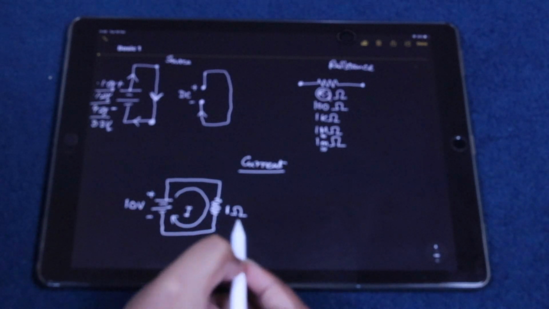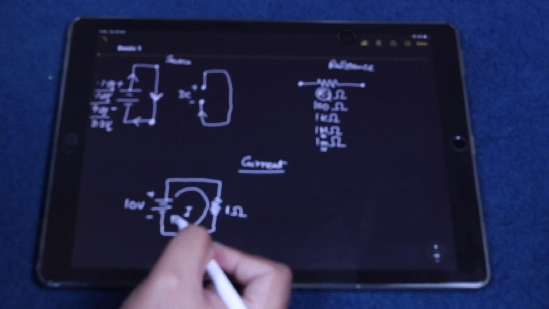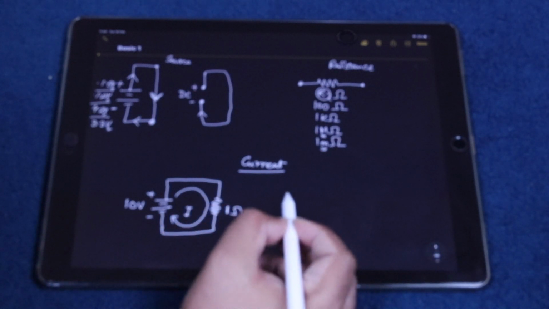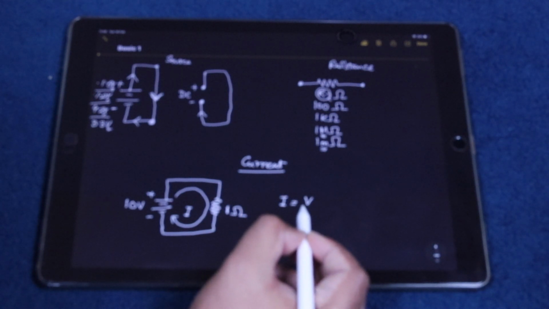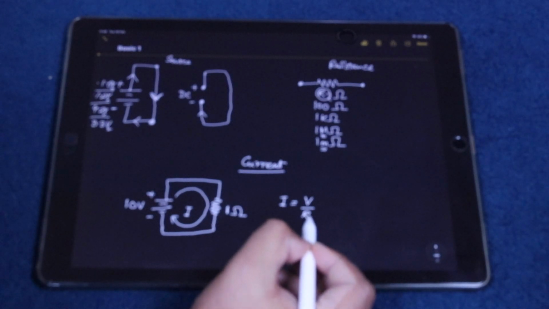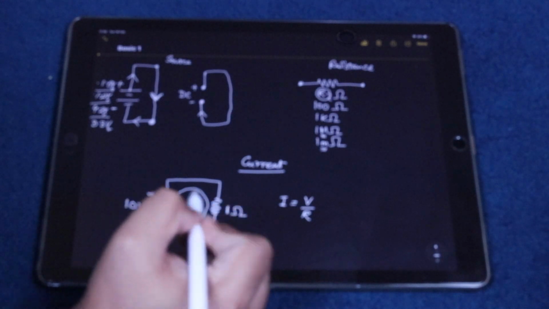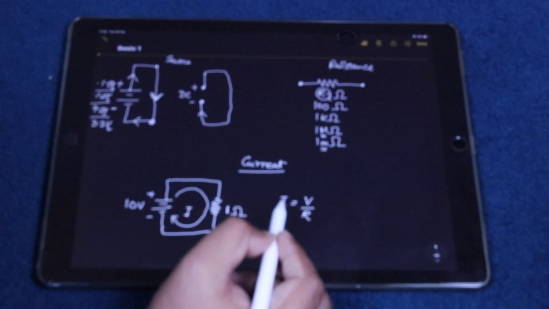Okay. Now, the current in a circuit like this, in a closed circuit, is given by Ohm's law. Ohm's law says that current is equal to voltage by resistance. So in this case, voltage is in volts, resistance is in ohms, and the unit for current is amperes.